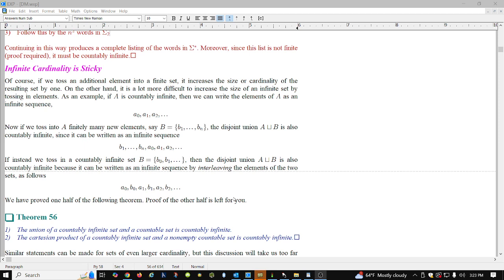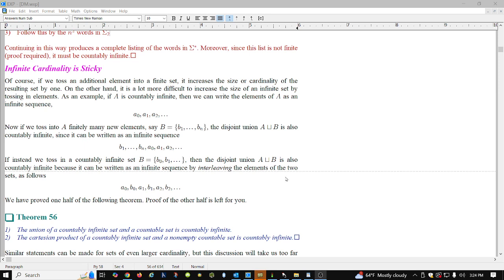But the reason I mention it is because it doesn't work that way for infinite sets. It's a lot more difficult to increase the size of an infinite set by tossing in elements than it is for a finite set.